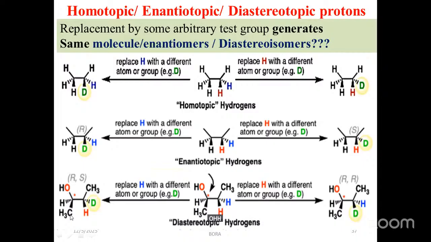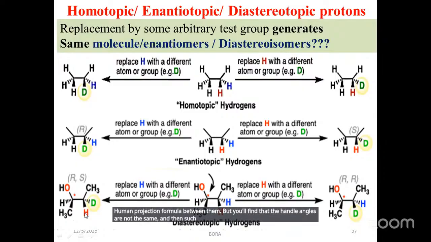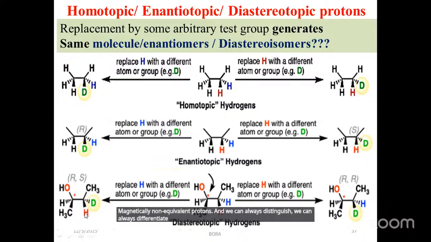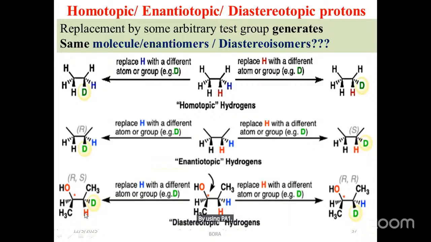So if you draw a Newman projection formula between them, you'll find that the dihedral angles are not the same, and then such protons will be called diastereotopic protons, as well as magnetically non-equivalent protons. And we can always differentiate between magnetically non-equivalent protons by using PMR. They will appear as different peaks in PMR.